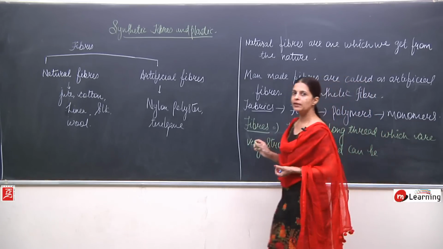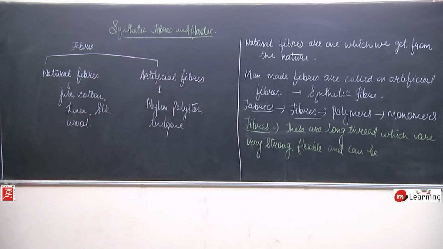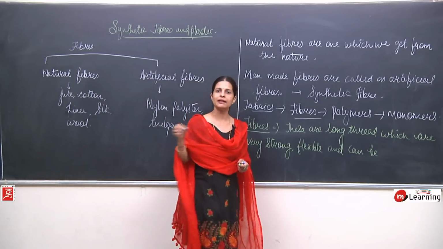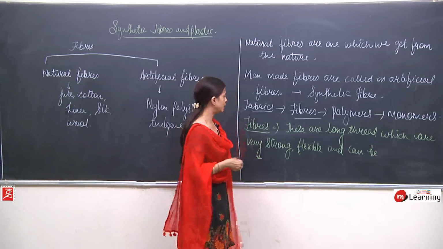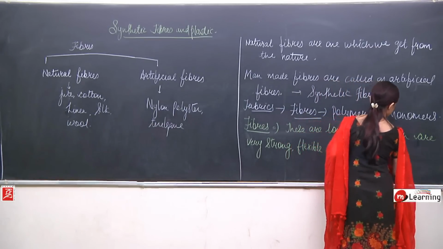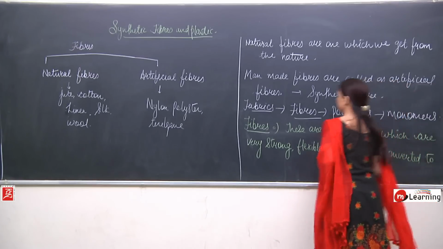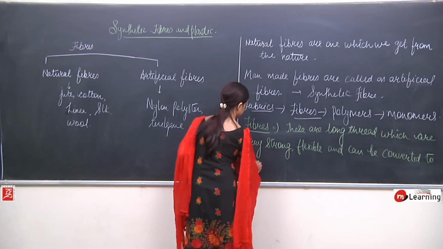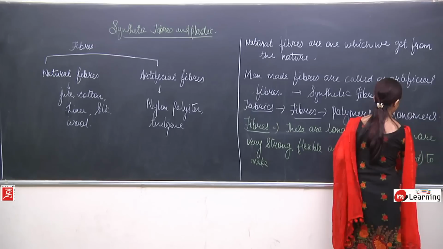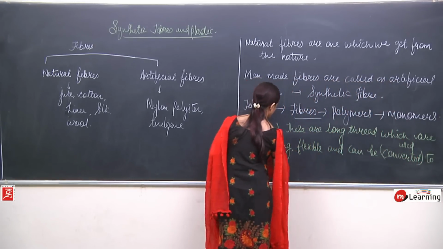We are reading about fibers many times, but the exact way to remember it is that it is nothing but a thread-like structure which is very strong, flexible and can be converted or used to make cloth.